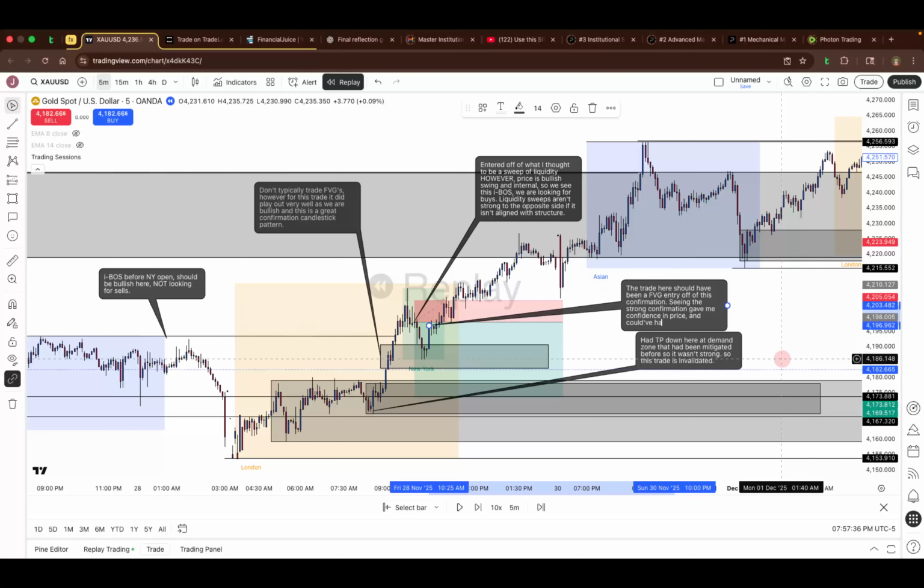Could have had TP. Now I'm feeling stop loss below it, and TP at this support area.